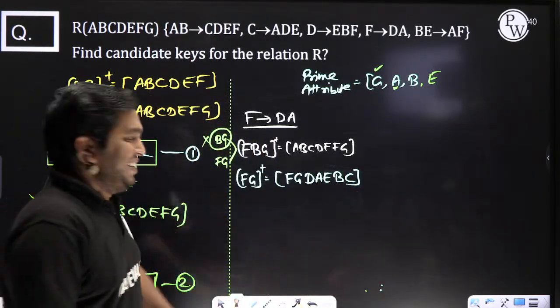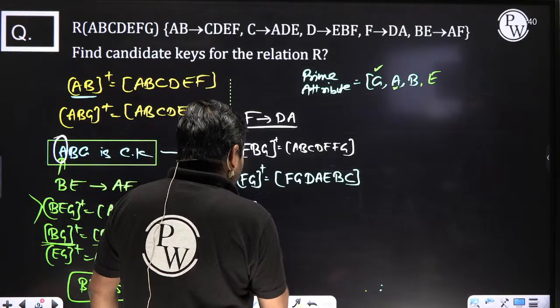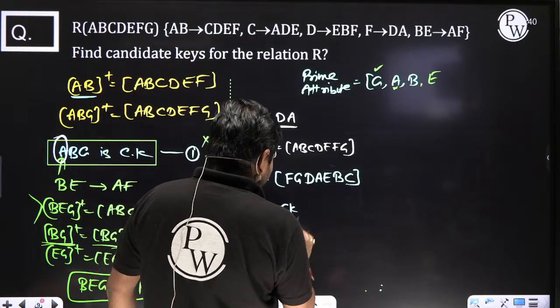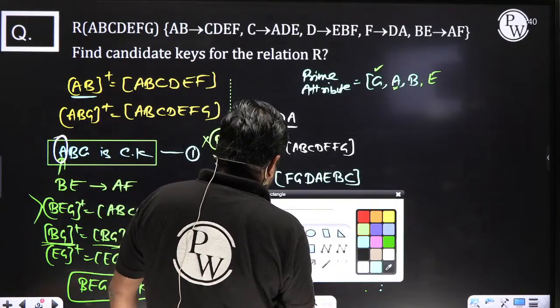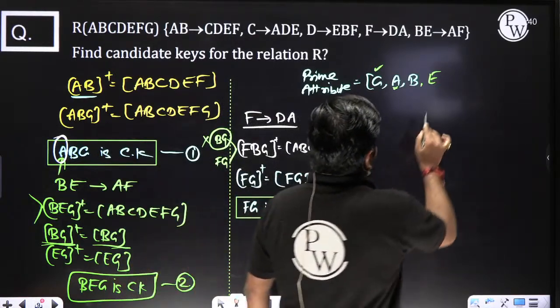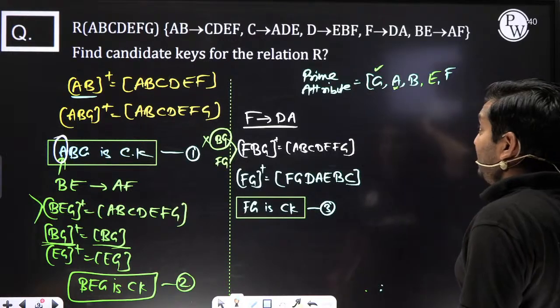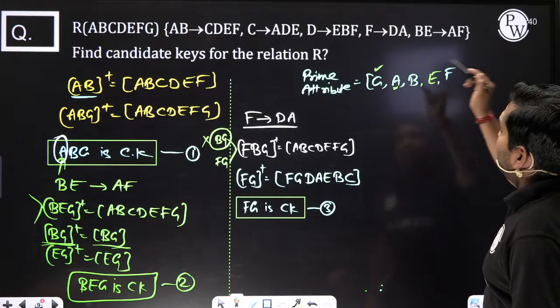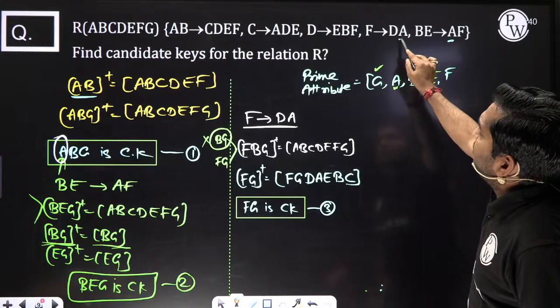FG becomes a candidate key. The third candidate key, the prime attribute F will be added. Now A work is done.